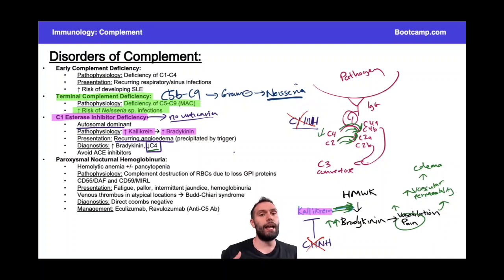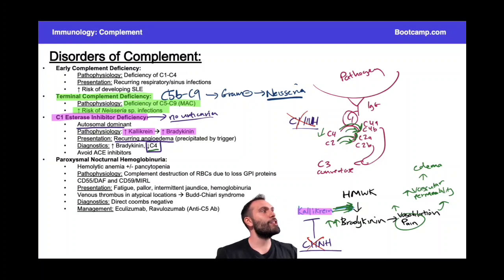Because if I have a patient that has anaphylaxis, I might be thinking epinephrine. If I have a patient that has C1 esterase inhibitor deficiency, I can try and get these patients C1 esterase inhibitor because that's what they're missing. That's going to slow this pathway down. If I give them concentrated C1 inhibitor, that will inhibit this kallikrein, and we can get the bradykinin levels under control. So they're treated differently. So it's important to distinguish them.